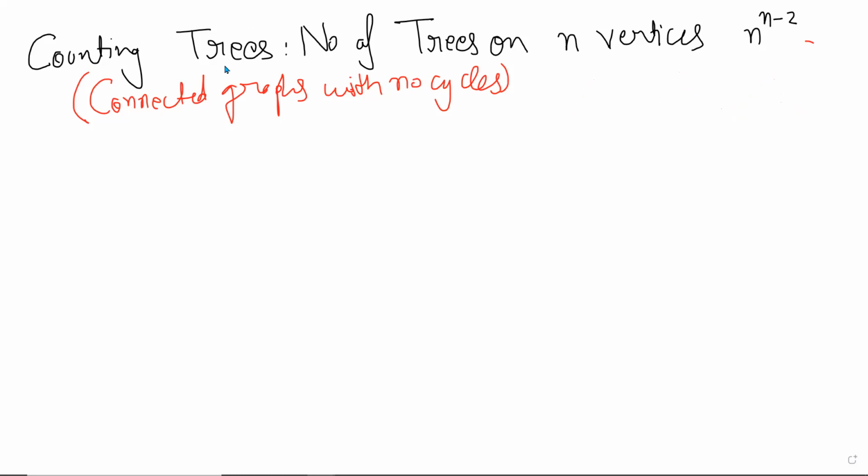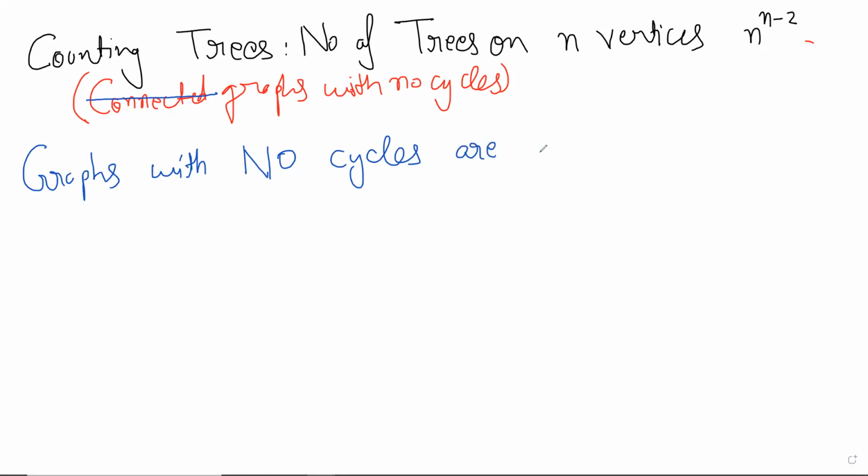Moving forward, the next thing we want to do is remove the word connected and just count the number of graphs with no cycles. Let me make a definition so that we can talk about this easily. Graphs with no cycles are called forests.